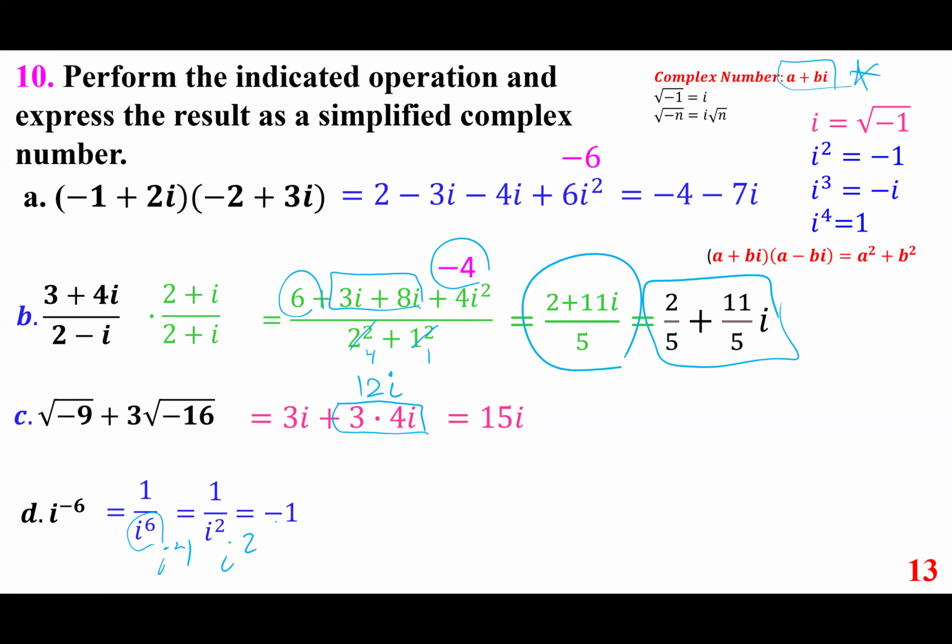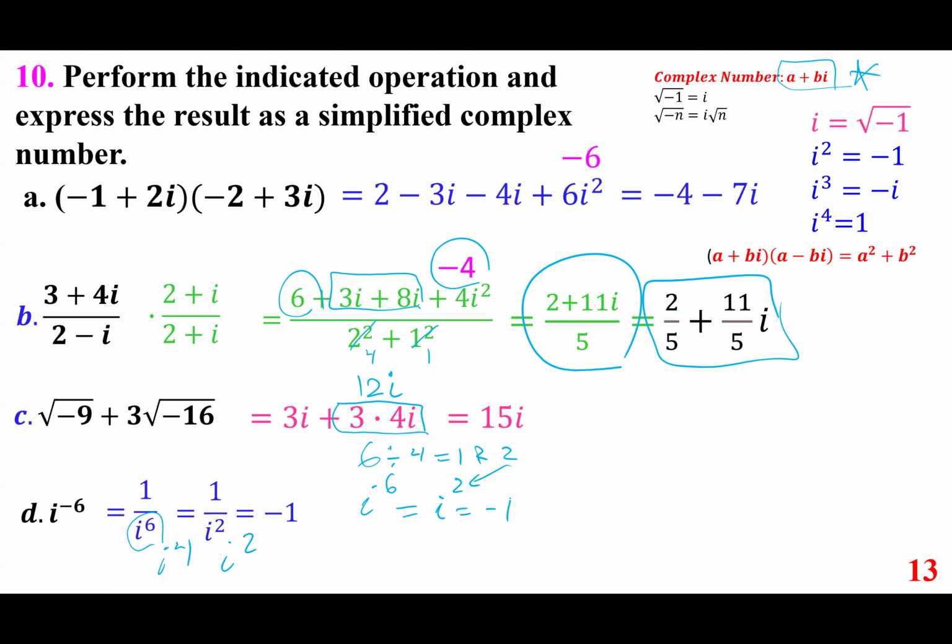So how do we handle that when you come across that? You divide the exponent, in this case 6, by 4. You get 1 with the remainder 2. So i to the power of 6 is i to the power of the remainder, which is negative 1.